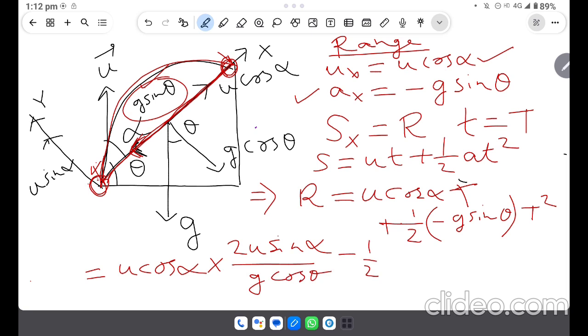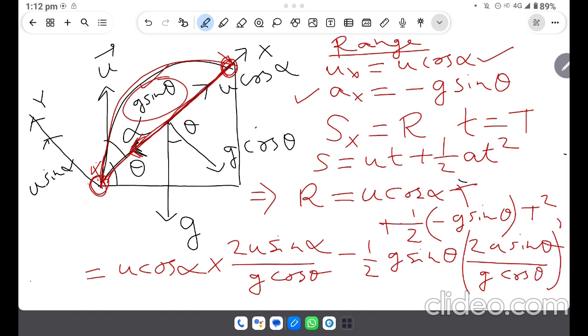minus half g sin theta multiplied by (2u sin alpha by g cos theta) whole square.